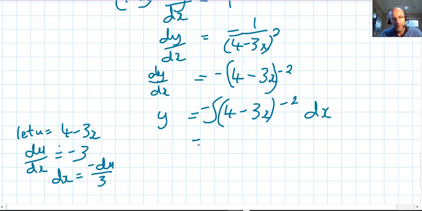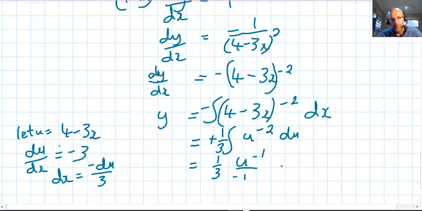Okay, so when we go to sub, we've got u to the negative 2, and dx is negative du over 3, so we can put a negative 1/3 out the front, which now makes that positive there, and we have our du. And we can add 1 to the power, divide by the new power, with 1/3 sitting out there, plus c.